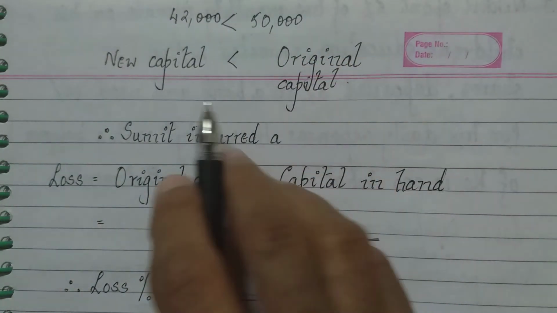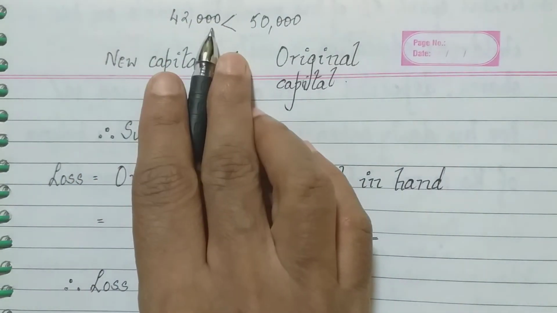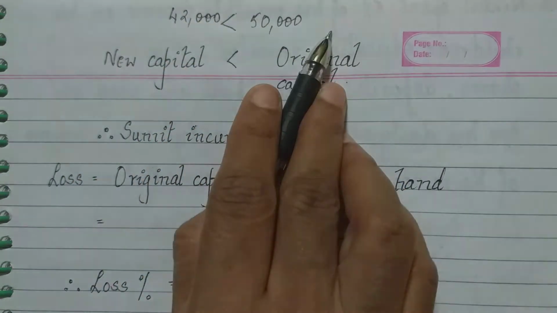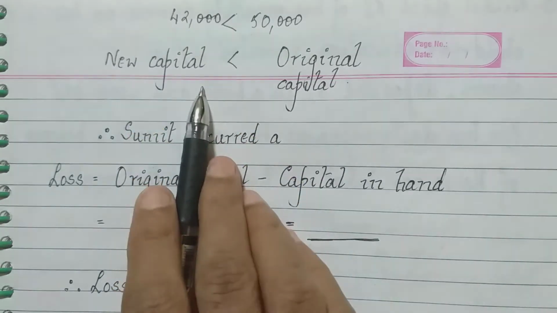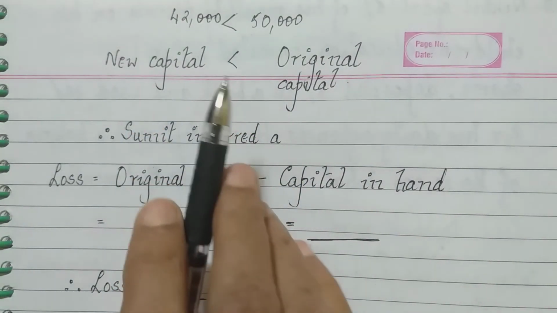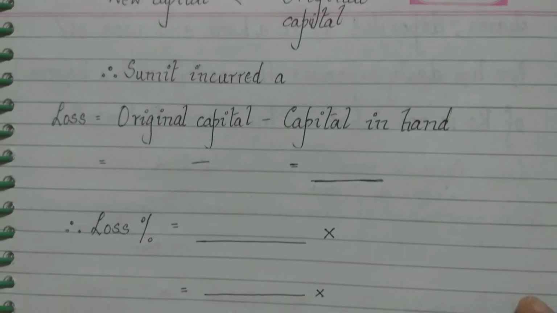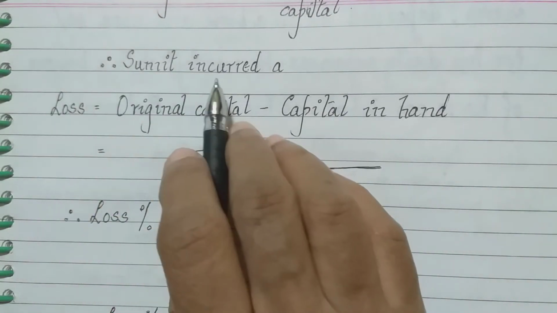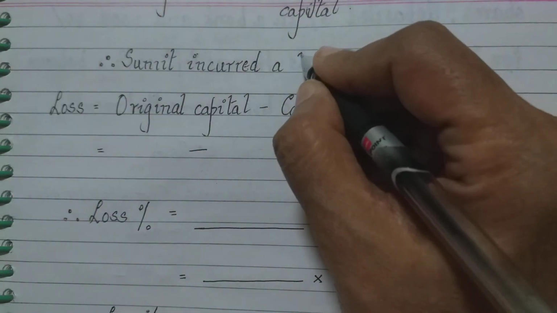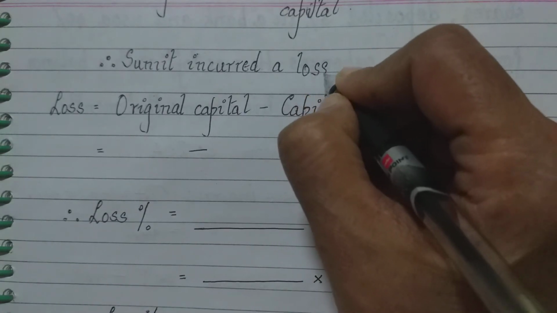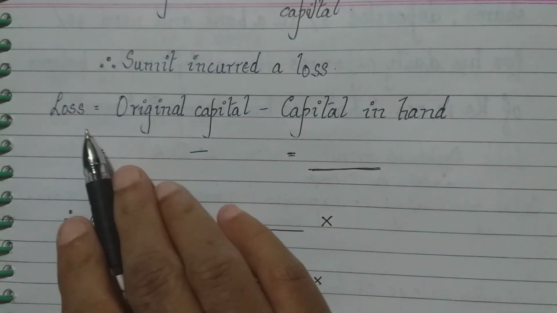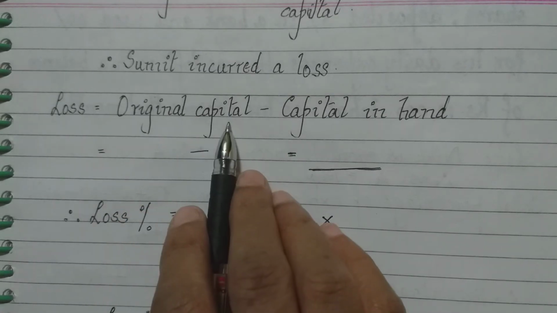So what can we say if this is the amount with him when he had started with this? Definitely if he has a lesser amount now than what he had in the beginning, that means he has incurred a loss. So we can say that Sumit has incurred a loss. Now what is the loss? How will we find it?